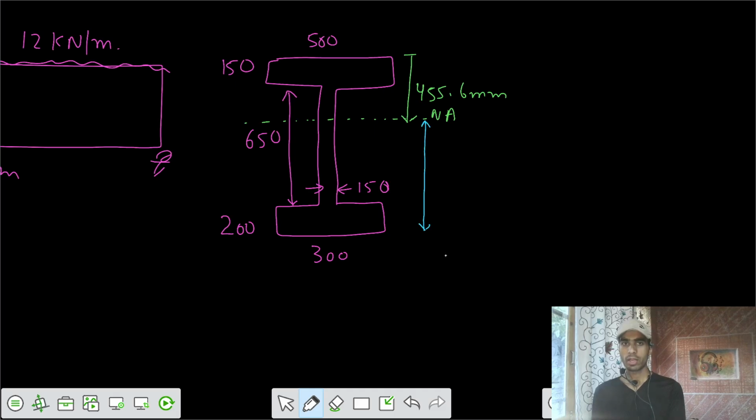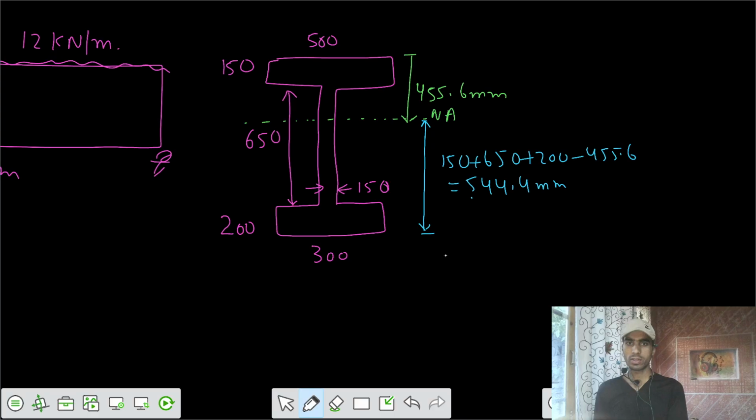If I want to calculate this value, that is a total of 150 plus 650 plus 200 minus 455.6. That's 544.4, so this is 544.4 millimeters.